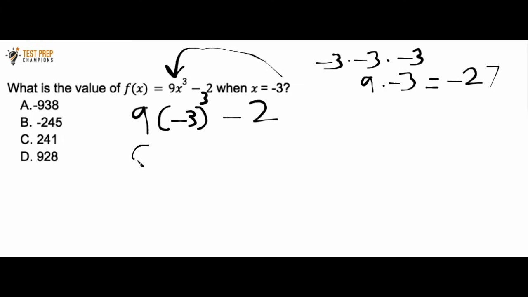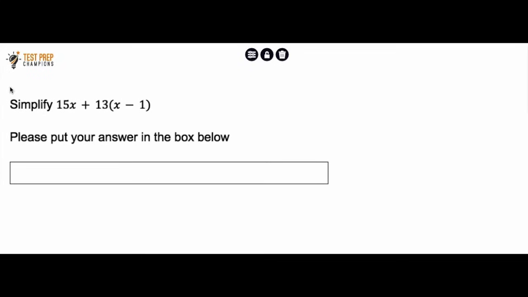So I would rewrite this again now as 9 times -27 minus 2. And if you plug this in your calculator, 9 times -27 minus 2, the answer is going to be B, -245.